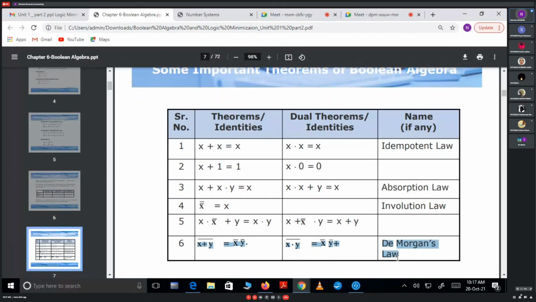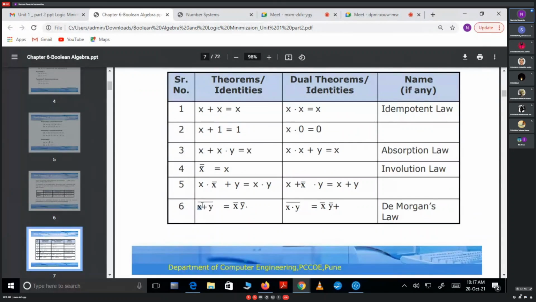This is generally used in logic gates. De Morgan's law: you can see this, (x plus y) bar equal to x bar and y bar. How to prove (x plus y) bar equal to x bar y bar is also given. So see here, what is De Morgan's law?